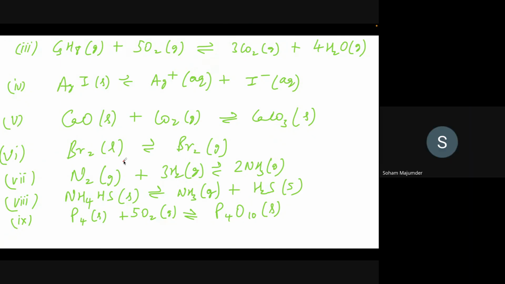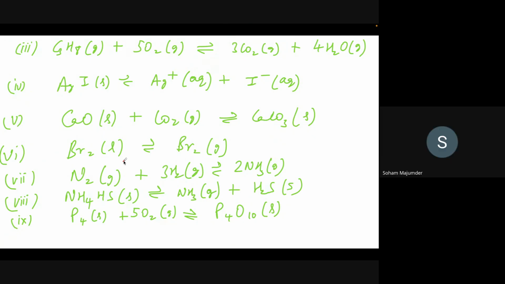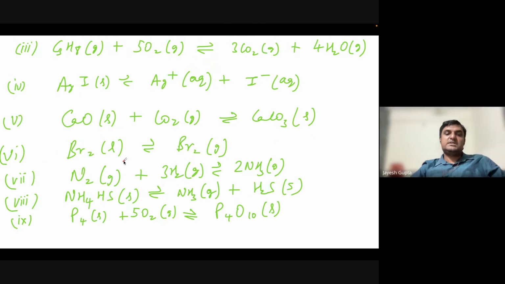I think it is not clear to you. Why did you give the second answer wrong? It is not clear. May I tell again how to do it? No, sir, I got it. I got confused between aqueous and liquid. Aqueous is dissolved in water, which we can consider because ions have very high activity.